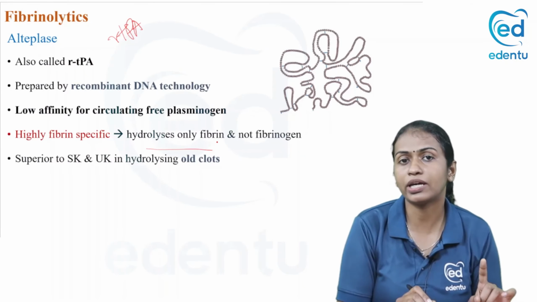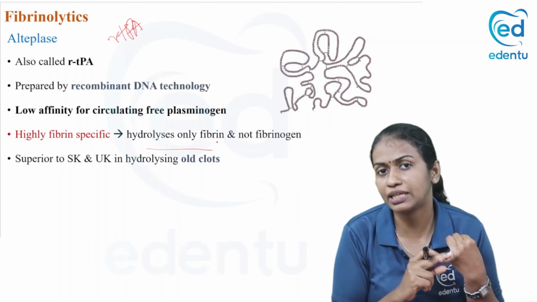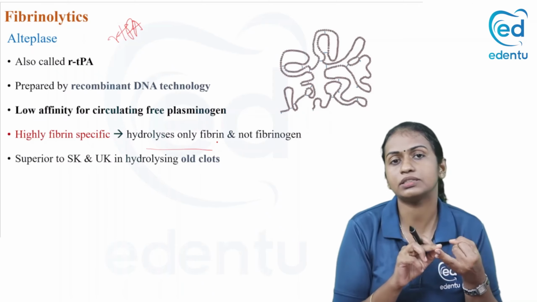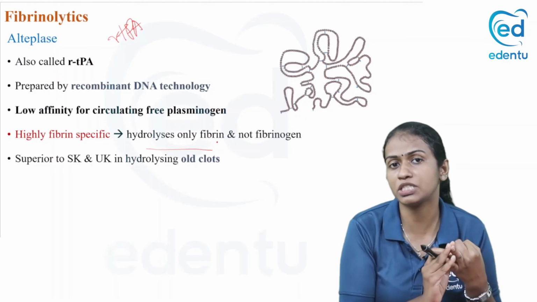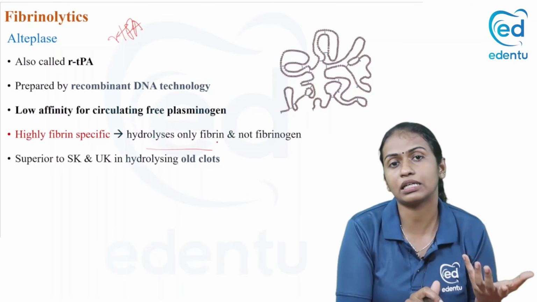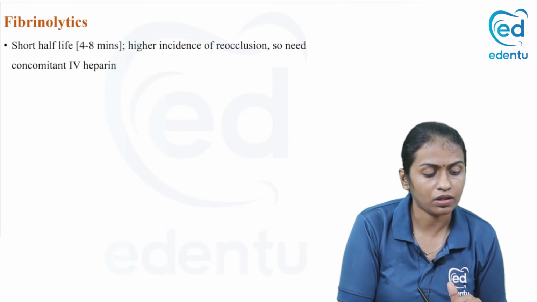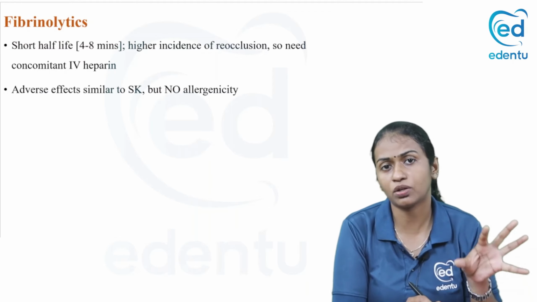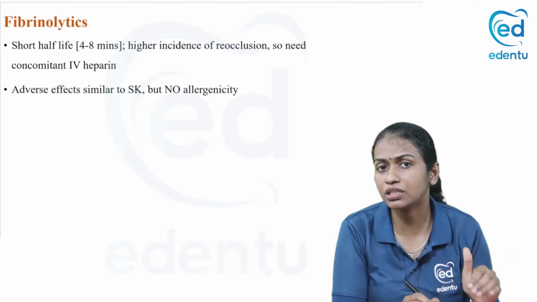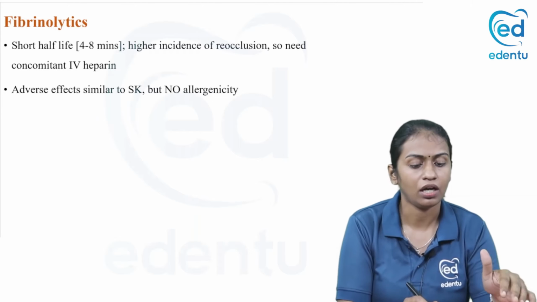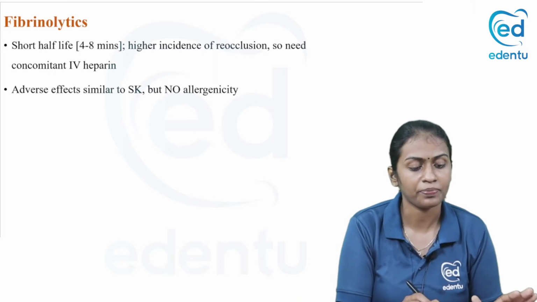So what are the peculiarities of alteplase? One is it is derived from recombinant DNA technology. Another is it has less affinity for free plasminogen, is highly fibrin specific, and can hydrolyze old clots. Now, it has a very short half-life, around 4 to 8 minutes only. So whenever you are giving alteplase, concurrently you have to give heparin to prevent reocclusion.